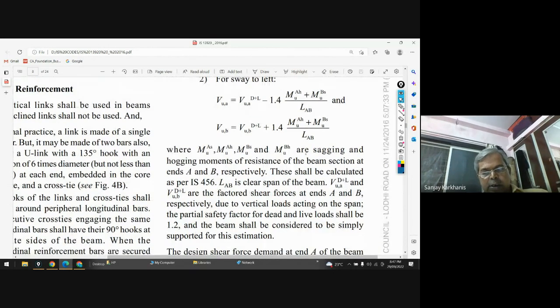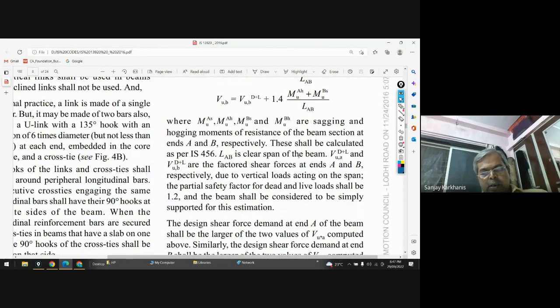You can see the sagging and hogging moments of resistance of the beam section at ends A and B, and this shall be calculated as per IS 456. LAB is the clear span of the beam, and VU DL plus LL at A and B are the factored shear forces. Here we are considering 1.2 dead load plus 1.2 live load.